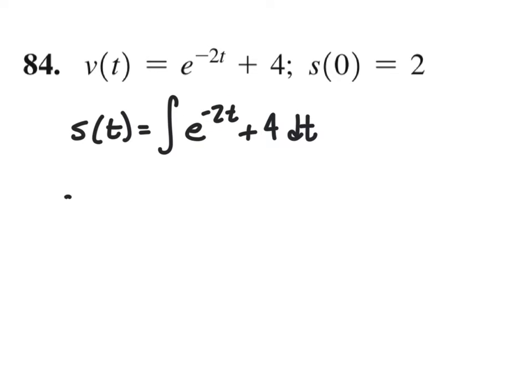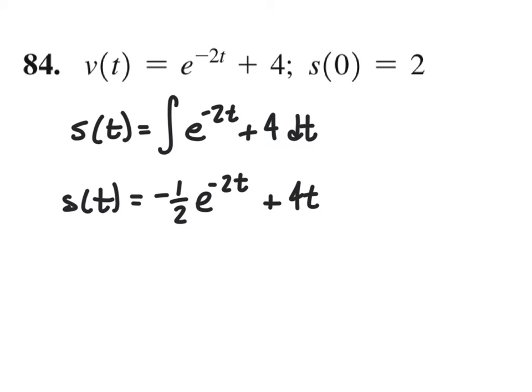And so if I were to take the antiderivative of e to the negative 2t, this is going to give me negative 1/2 e to the negative 2t plus 4t, and then plus c.